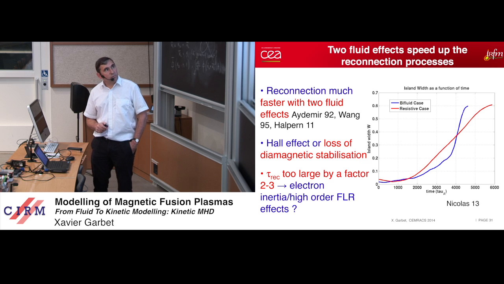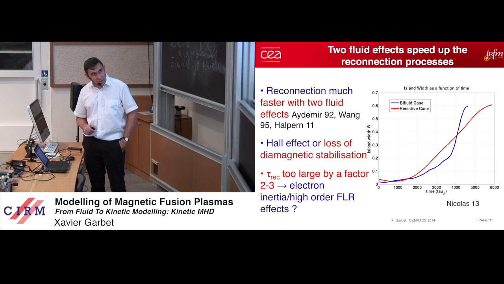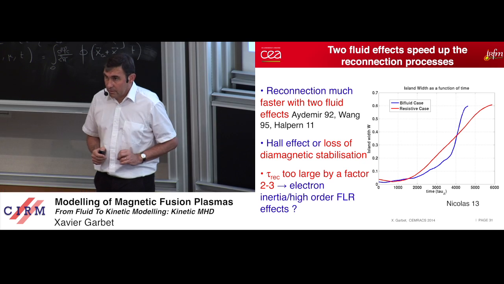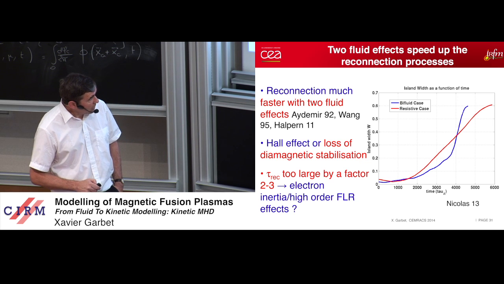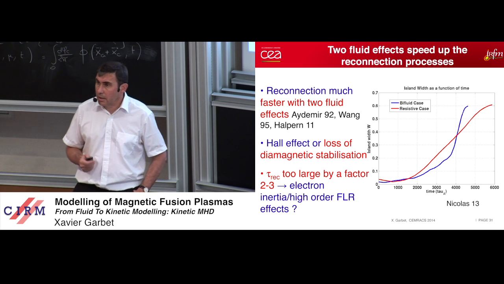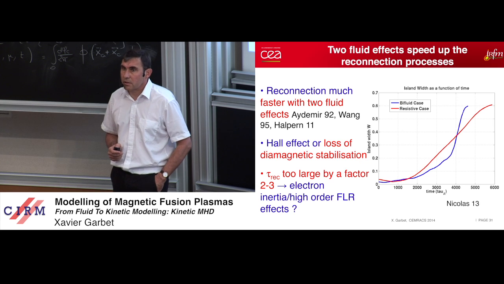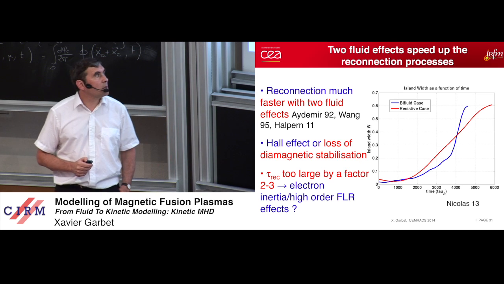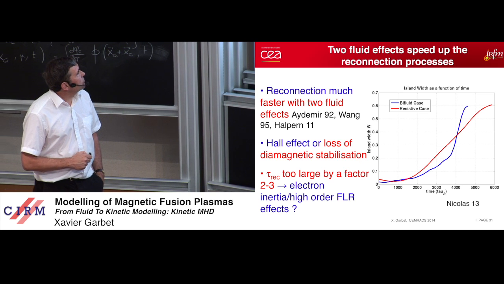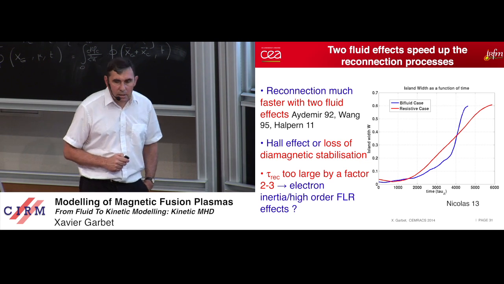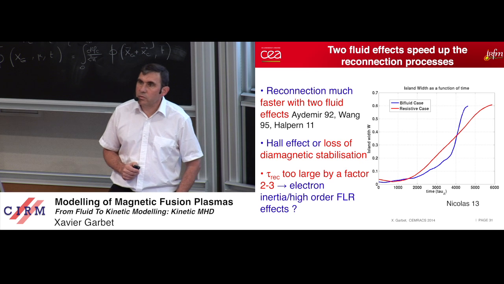And in the case of two-fluid, at the beginning, you find something which is slower, and that's because diamagnetic effects are stabilizing. And then at some point, you find a huge speed up of the process, right? So at the end, you find a reconnection time which is very significantly smaller than the one that would be given by pure resistive MHD. Still, at the end, you find that the reconnection time is still too large by a factor of 2 to 3.